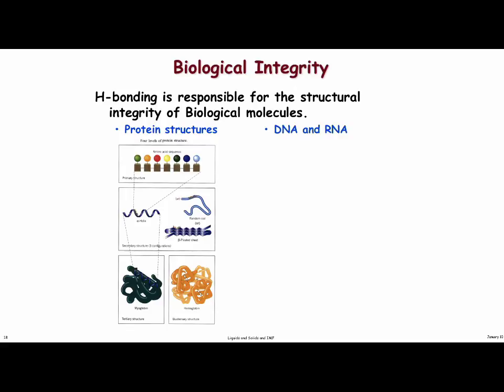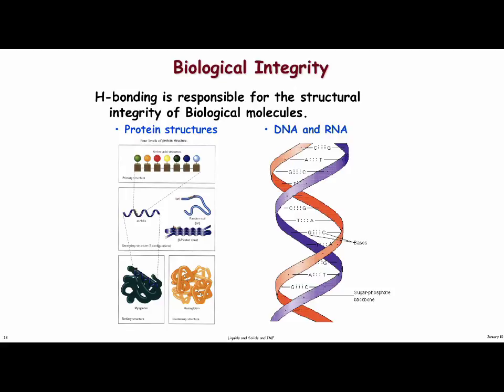DNA and RNA are all based on base pairs. Base pairs are attracted to each other by hydrogen bonding. The way DNA unwinds and makes duplicates of itself is based on this hydrogen bonding.